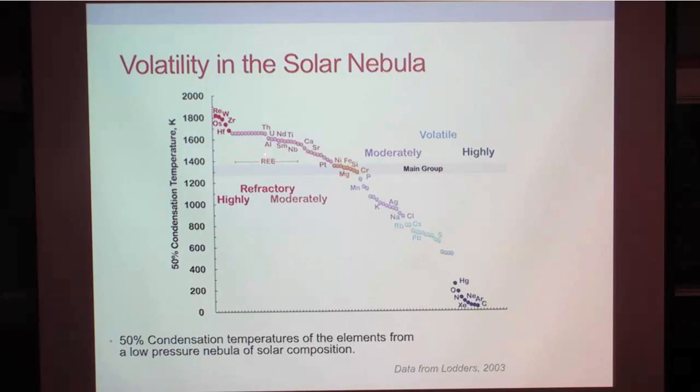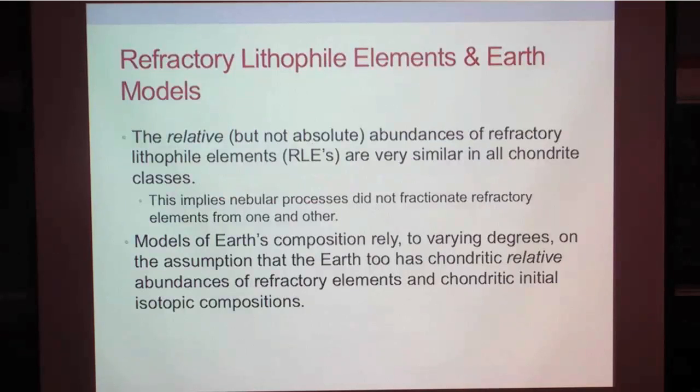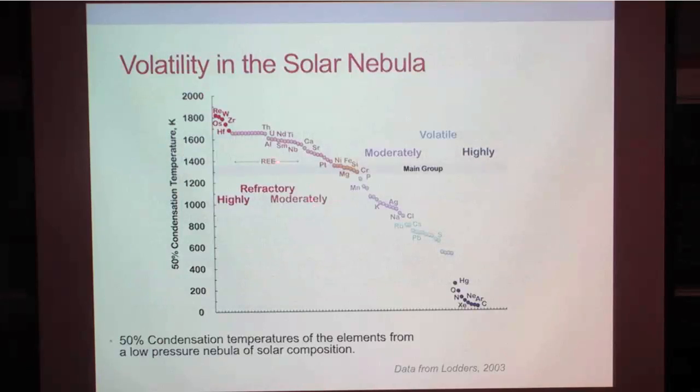One of the points here is that when we look at chondrites, everything that condenses above this major group tends to be present in chondrites in basically constant ratios, and so we often use this as a reference to model the composition of the Earth. The other thing we can divide elements into is lithophile elements, going into the silicate part, and siderophile, those going into the metal core.